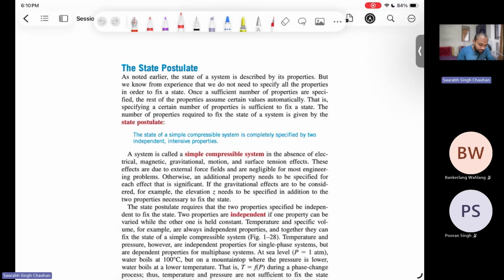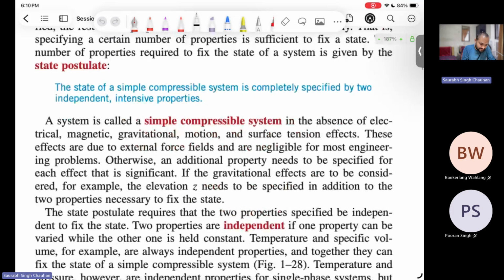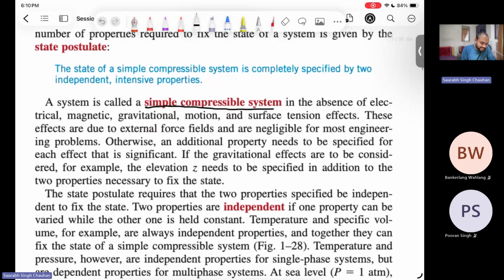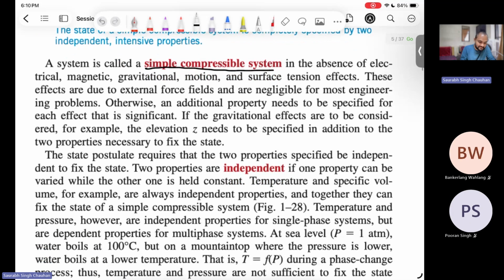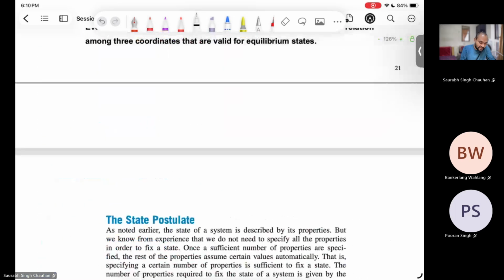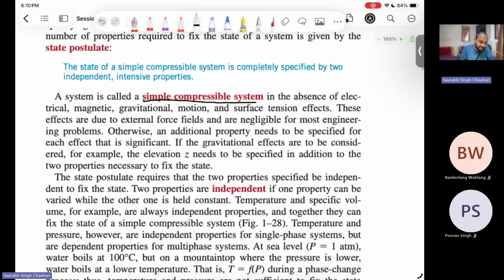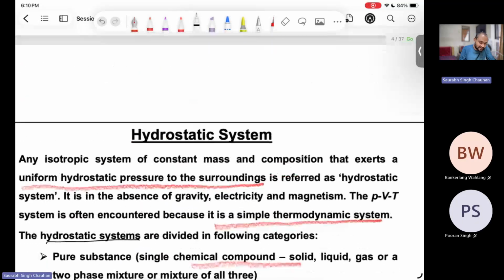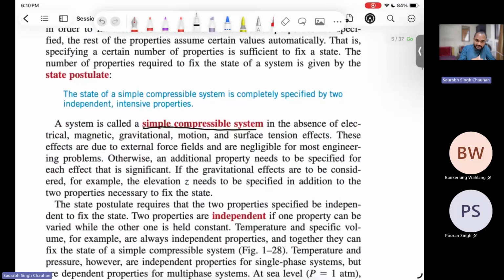In many textbooks, we use the term simple compressible system. This is from Singer and Bowles' books. I am reading this paragraph so that we can appreciate that in the context of this course, the simple compressible system and the hydrostatic system are equivalent, at least for the systems we are discussing.